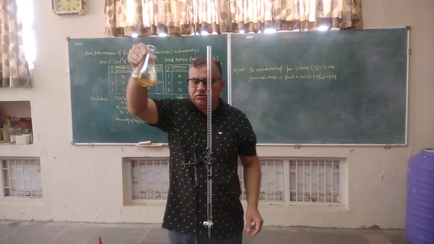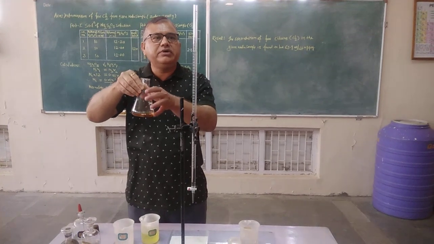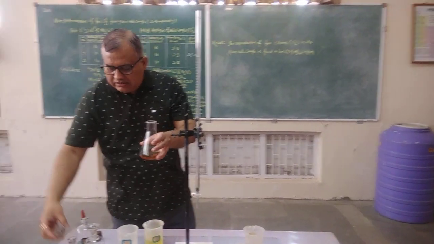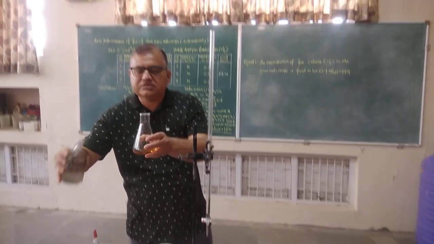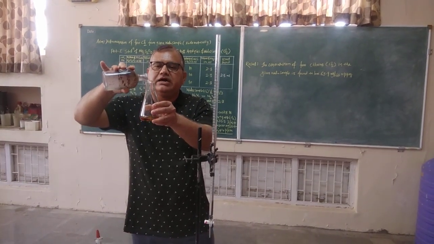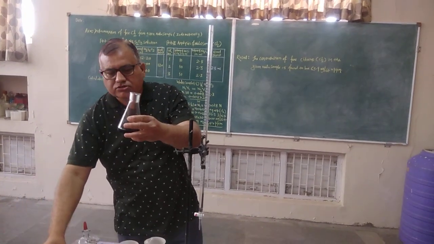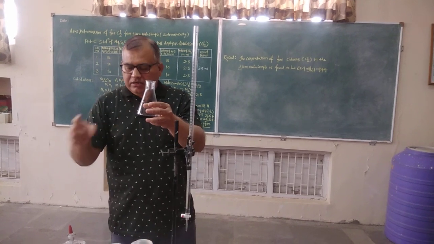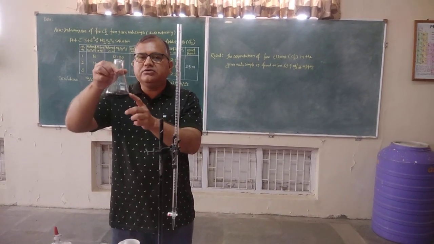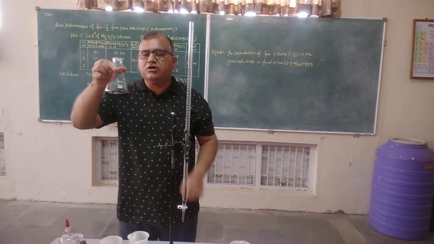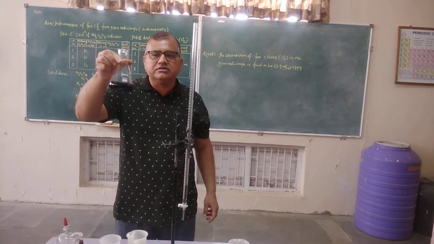Now this is faint yellow color, and at this moment you add the freshly prepared starch solution directly from the bottle like this. The remaining iodine reacts with starch and gives the blue colored I2-starch complex.